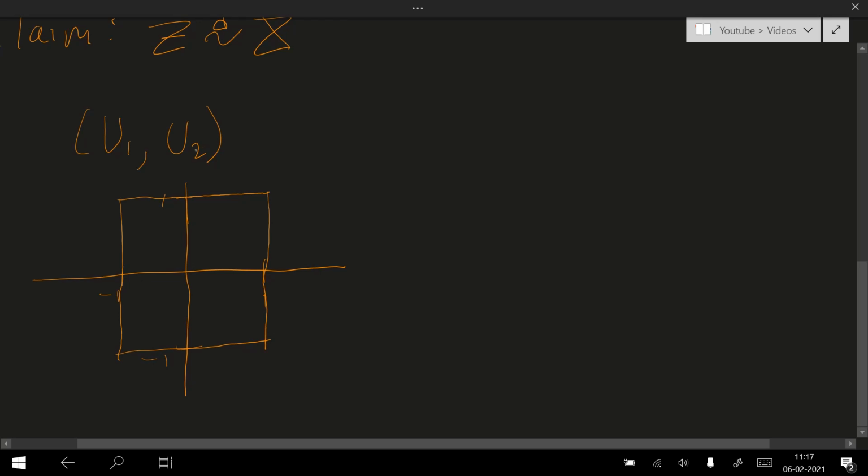We then keep trying until r squared, which is equal to u1 squared plus u2 squared, is less than or equal to 1. This is the same as r being less than or equal to 1, and r is exactly how we find the radius.